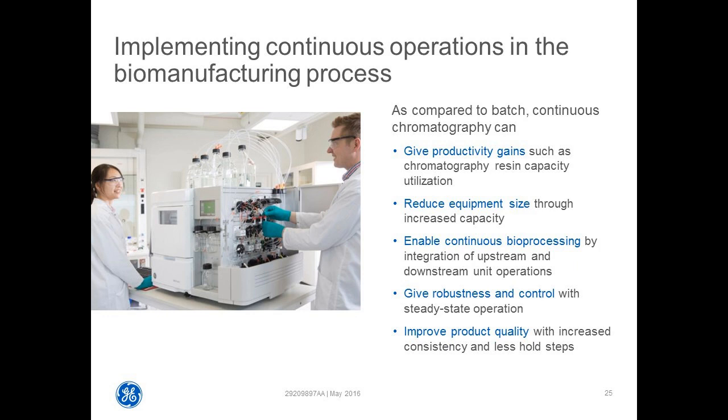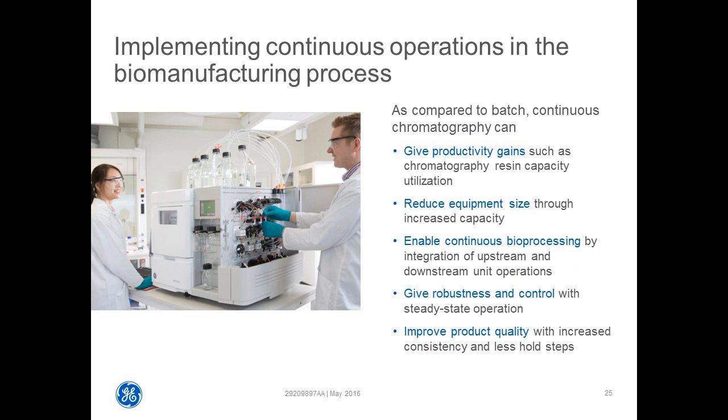There's also a reduction in equipment size due to what we just talked about: you're able to utilize more of the resin capacity, and therefore you can go down in column size and equipment size when making the shift from batch to continuous. Continuous chromatography also enables continuous bioprocessing, the integration of bioprocessing starting from, for example, a perfusion bioreactor all the way down to the concentration step.